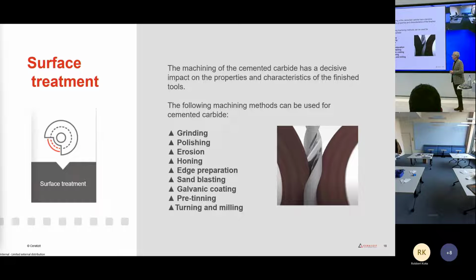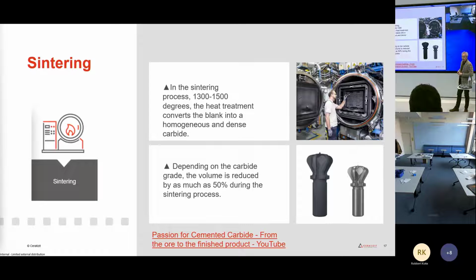We can do the erosion part, which is also expensive. And then we have some extras, like sandblasting, galvanic coating. We can also do turning and milling, but in that case also with diamond tools.